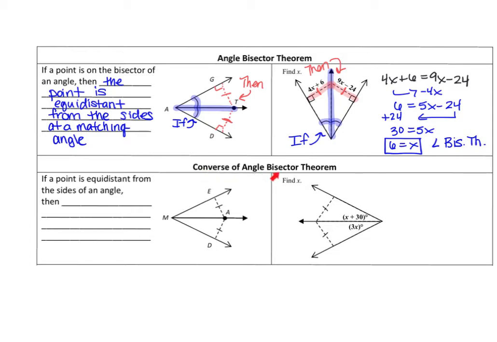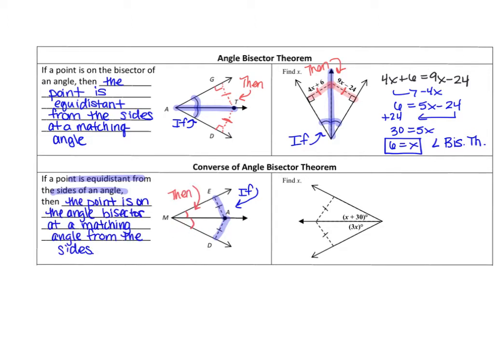For the converse of angle bisector theorem, remember back in Unit 2, the converse is when you switch the if and the then statements. So now we're saying if a point is equidistant from the sides of an angle, then the point is on an angle bisector at a matching angle from the sides.